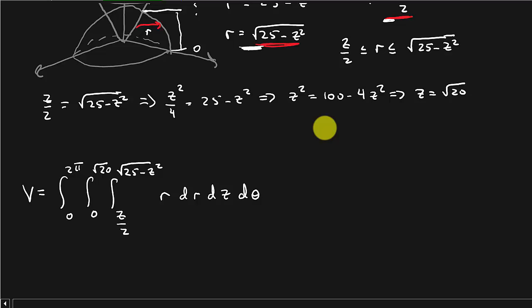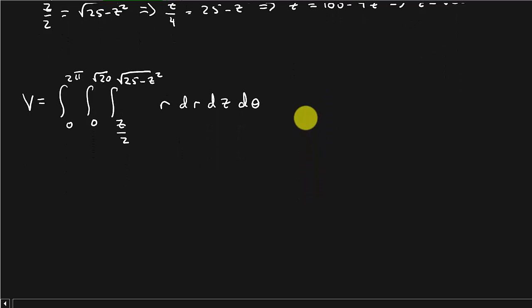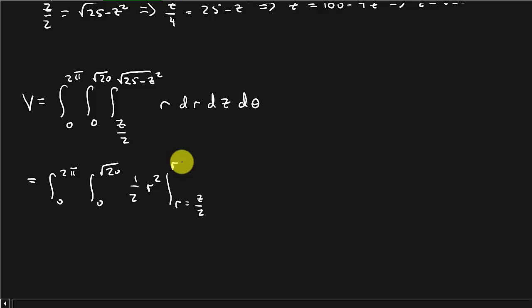All right. So now all that's left to do is to integrate this thing. So let's do it. So we've got 0 to 2 pi, 0 to square root of 20 of 1/2 r squared, and r is going from z over 2 to square root of 25 minus z squared, and then that's going to be dz d theta.